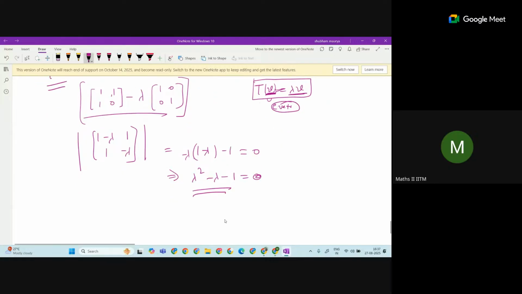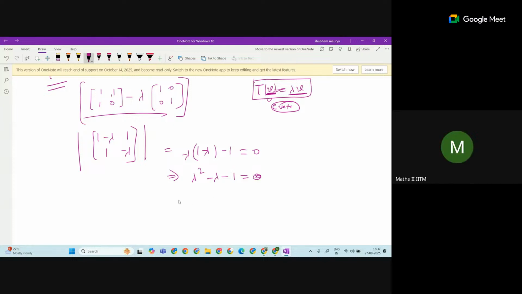Once you find the roots, let's find them here. See, this is not easy. I think I made a mistake. 1 − λ, 1, 1, −λ, it is fine. So this is −λ times −λ, and the minus will be... the λ will be complex.